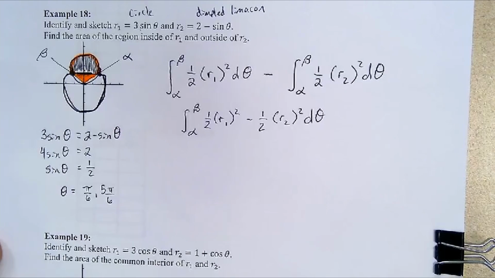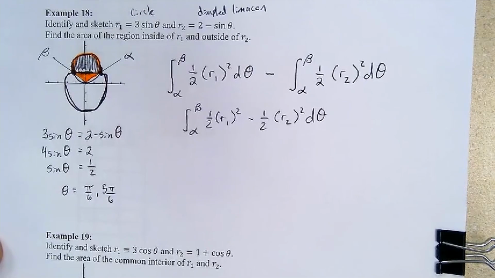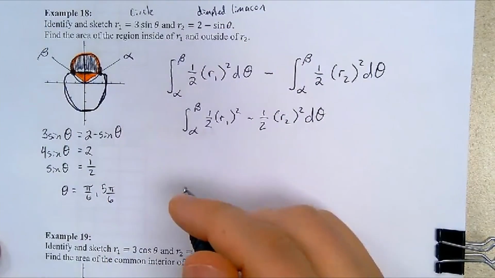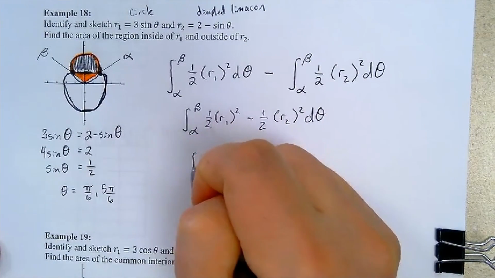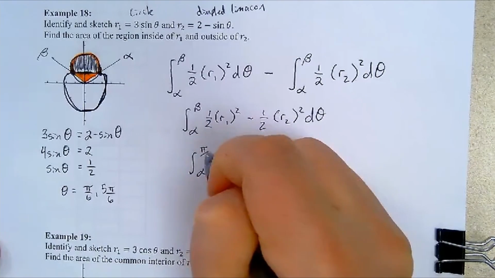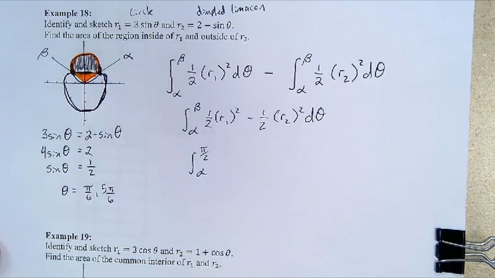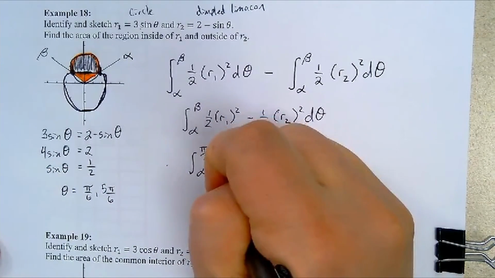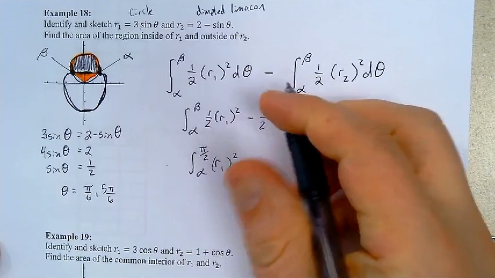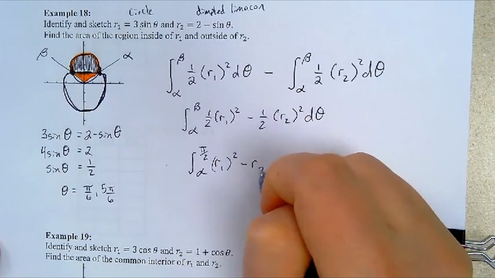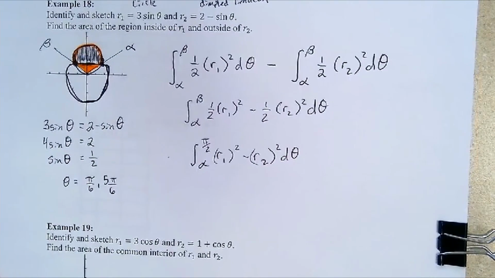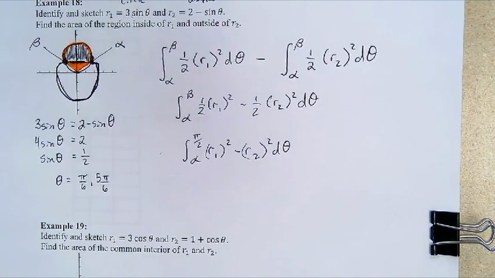Also, due to the symmetric nature of this region, if we wanted to view it as doubling half of something, so if we went from alpha to pi/2, that would be half of the region, and we can double the half of the region, and that's going to get rid of the 1/2. Which certainly makes it an easier expression to operate with.